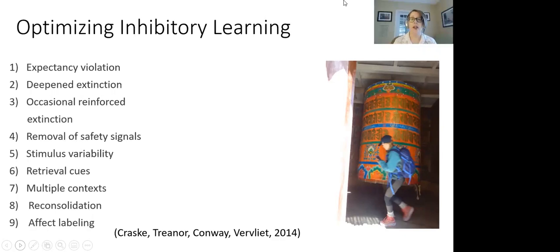And there were 9 specific practices that these authors talked about in this article that are very, very useful at enhancing your exposure. We're going to talk about some of them as we go through, but they're all pretty straightforward, right? So we will move on from here.